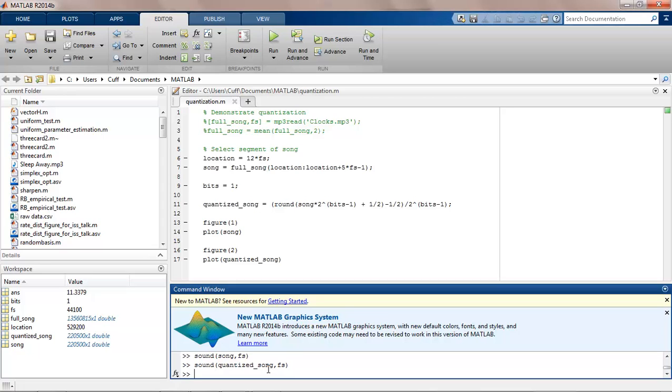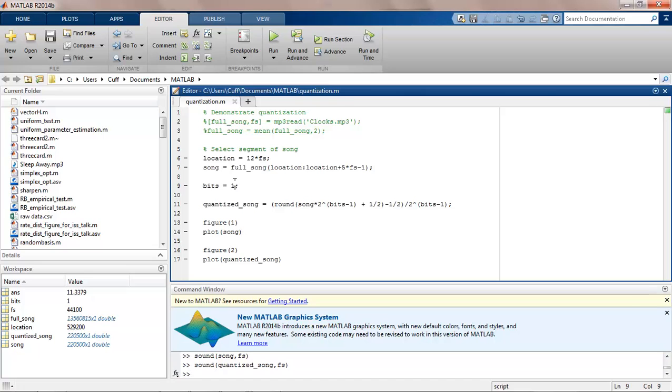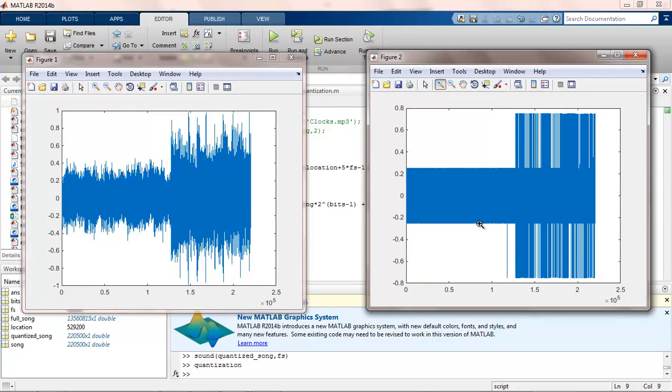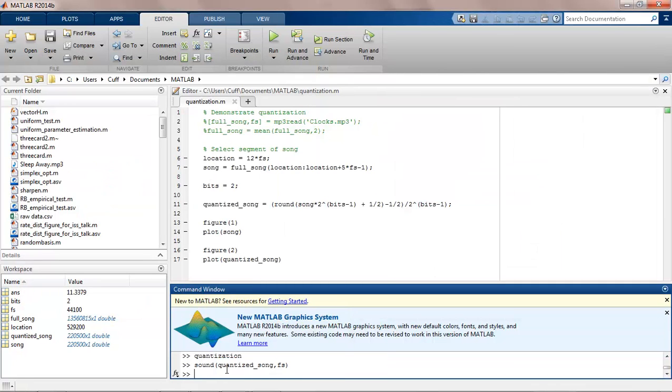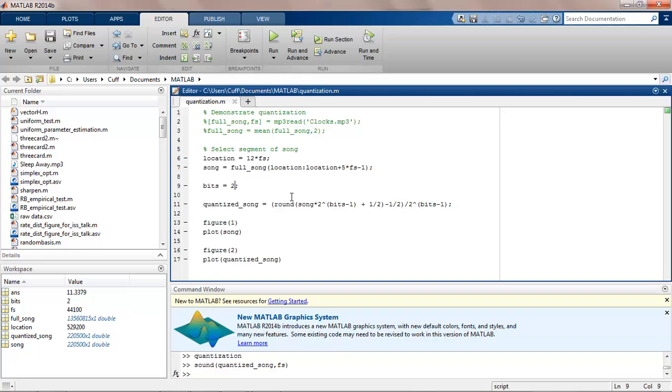Okay, now let's bring this up to 2 bits. We're going to go a little bit at a time here. Now you see that there are 4 possible values that the signal's taking on the output. It's trying to track that input. So it should sound a little bit better. Let's do 3.